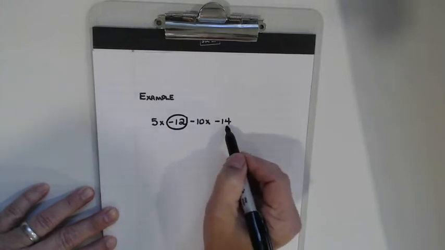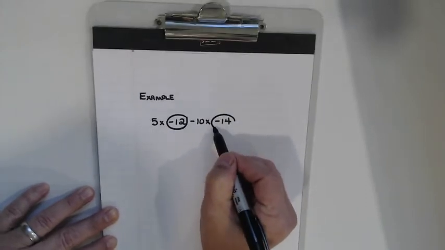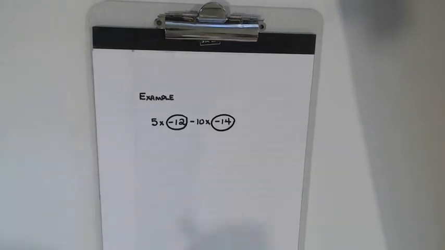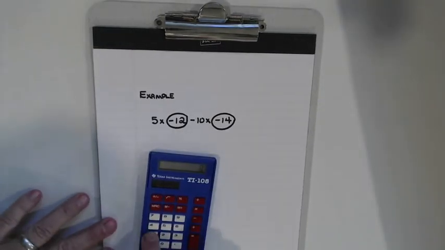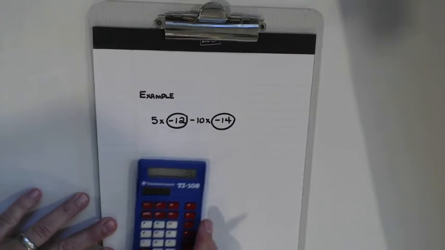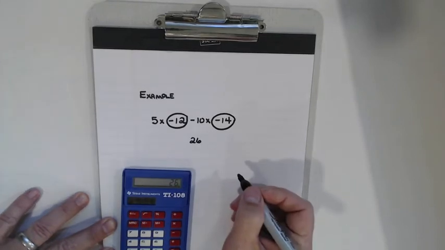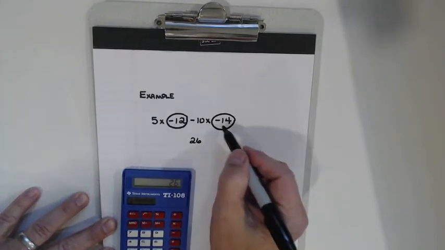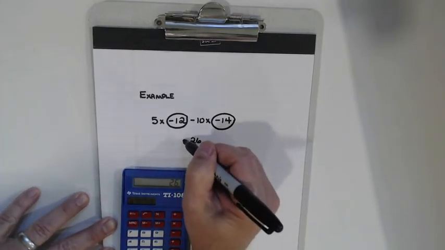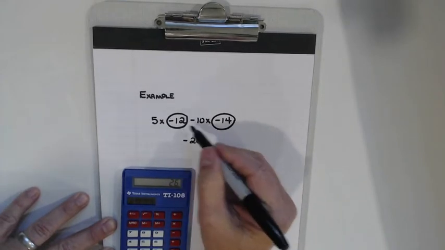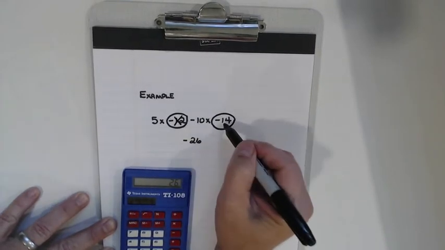What kind of 14 is this? It is a negative 14. What am I supposed to do if the signs are the same? I'm supposed to add those together. 12 plus 14 is 26. Is it going to be a negative 26 or a positive 26? If the signs are the same, I add them together, keep the sign. That's me combining those two together right there.